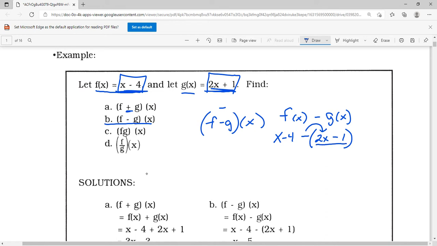So that would really be x minus 4, and then if we distribute this negative sign, we would get negative 2x, and negative times a positive 1 would make negative 1. Now we're going to add our like terms. x minus 2x we would end up with negative x, and negative 4 and negative 1 would be negative 5.